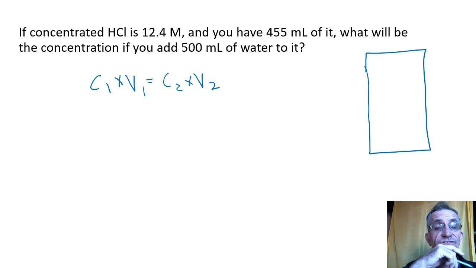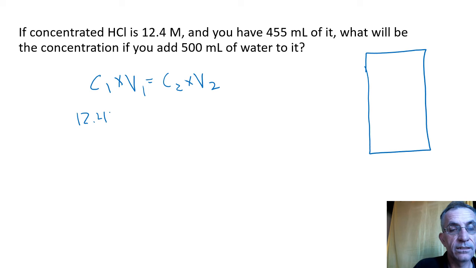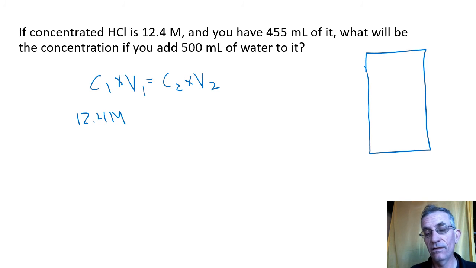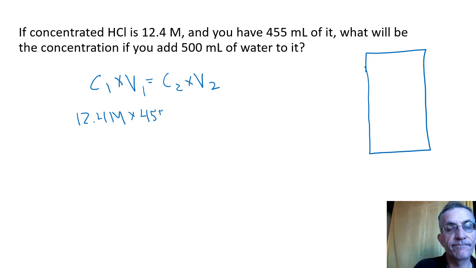All right, let's see what we're doing. I have concentrated hydrochloric acid, which is 12.4 molar. So that's my original concentration. And I have 455 milliliters of it. That is my original volume.